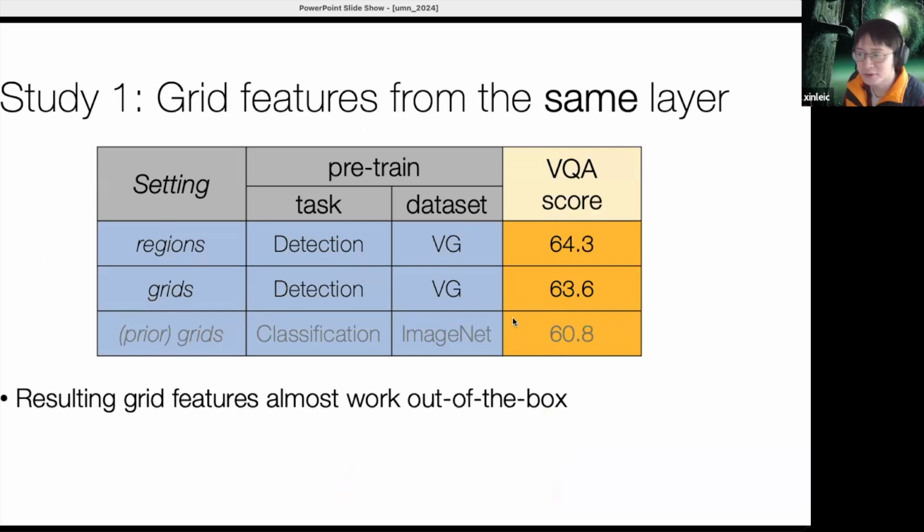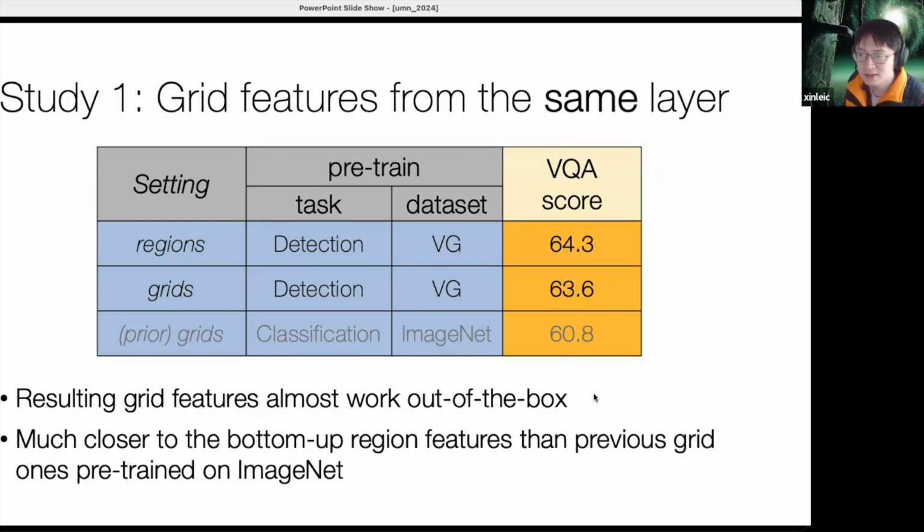It's almost working out of the box. This is comparing the region features that were dominant before and the grid features we had by removing the regions and making it a CNN. And the grid features from the prior models, a classifier network trained on ImageNet, is only getting 60.8, but we are getting much closer to the region features that were pre-trained on object detection, pre-trained on Visual Genome.